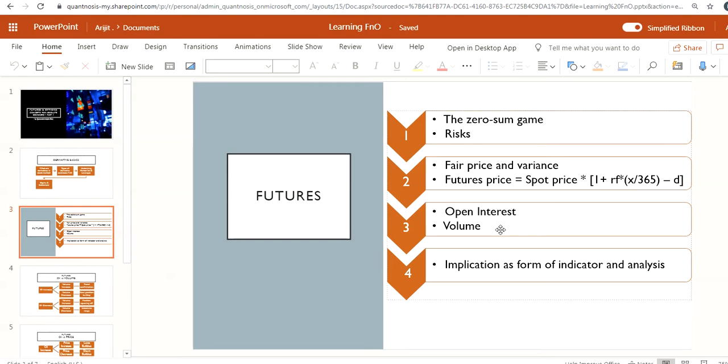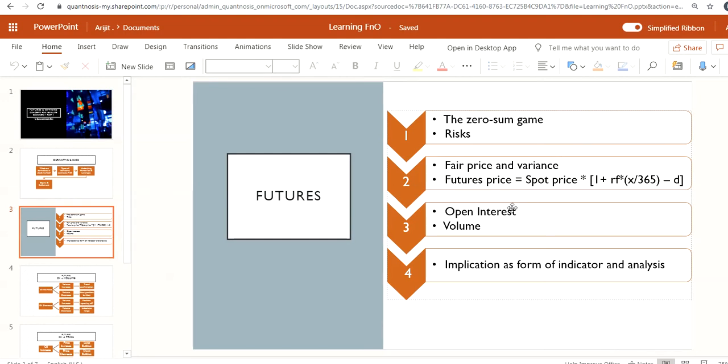Now open interest is the sum of all total contracts which are pending, which have not been squared off and which have not expired or settled. All the remaining contracts that are currently open are called open interest.